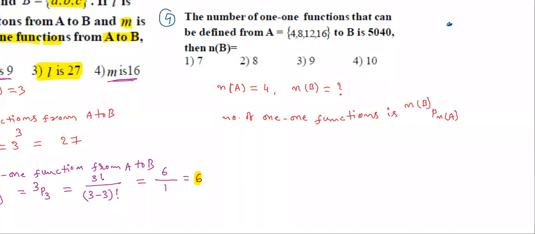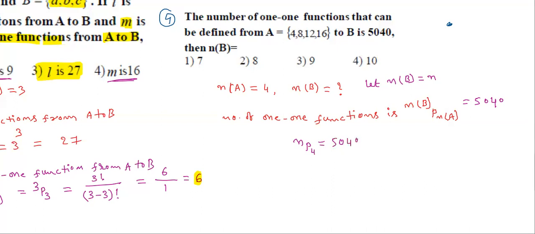That value is already given. How much? 5040. n(B) we don't know, we need to find it. Let n(B) be equal to some n. Then nP4 is equal to 5040.